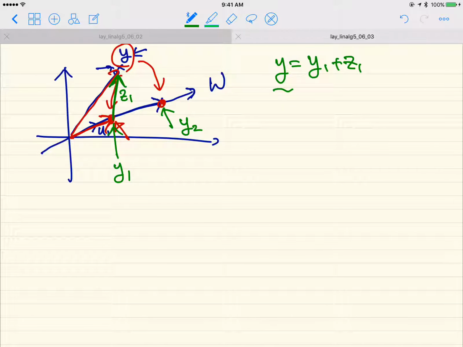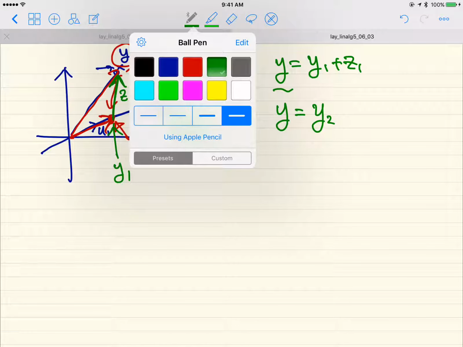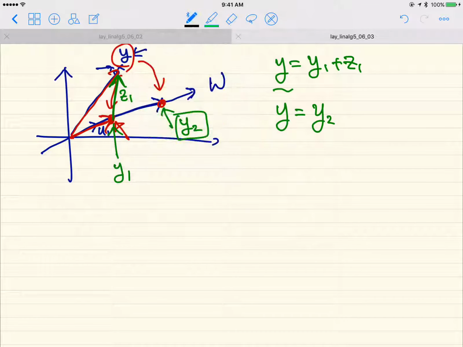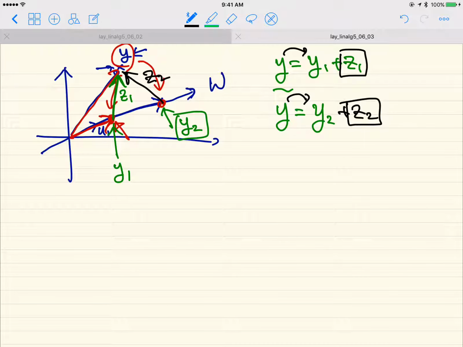And if we approximate y with y2, the remaining part after subtracting y2 will become this vector. So when approximating y with y1 or y2, the remaining part will become z1 or z2.